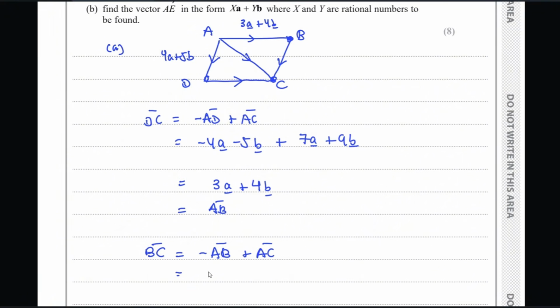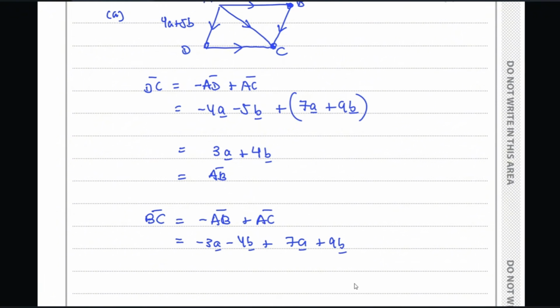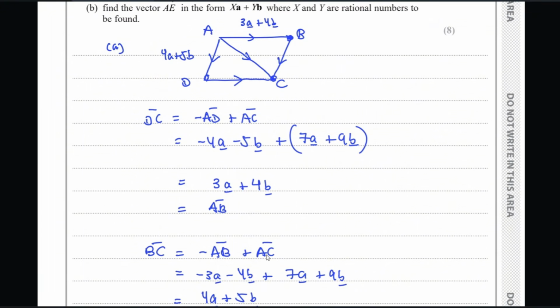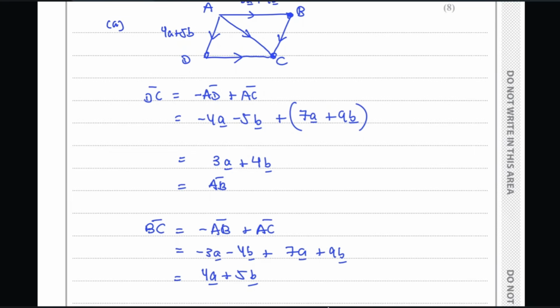So negative vector AB would be negative 3a minus 4b plus vector AC, which is 7a plus 9b. Let's simplify. 7 minus 3 is 4a, 9 minus 4 is 5b. So 4a plus 5b, is it the same as vector AD? Yes, it is. It is exactly the same as vector AD.